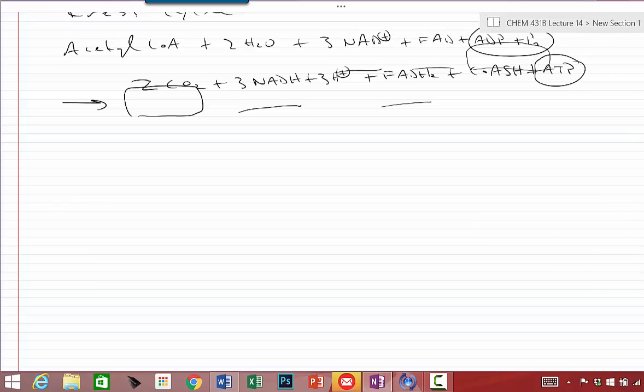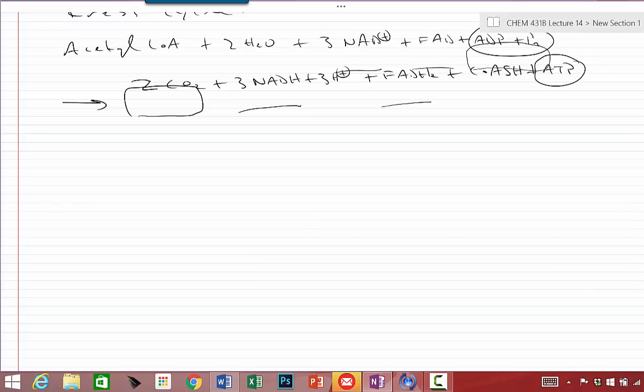There's another cofactor called TPP, there's another cofactor called lipoamide, okay? And there's another cofactor called FAD as well. I have listed here 5 cofactors that are involved in this reaction.